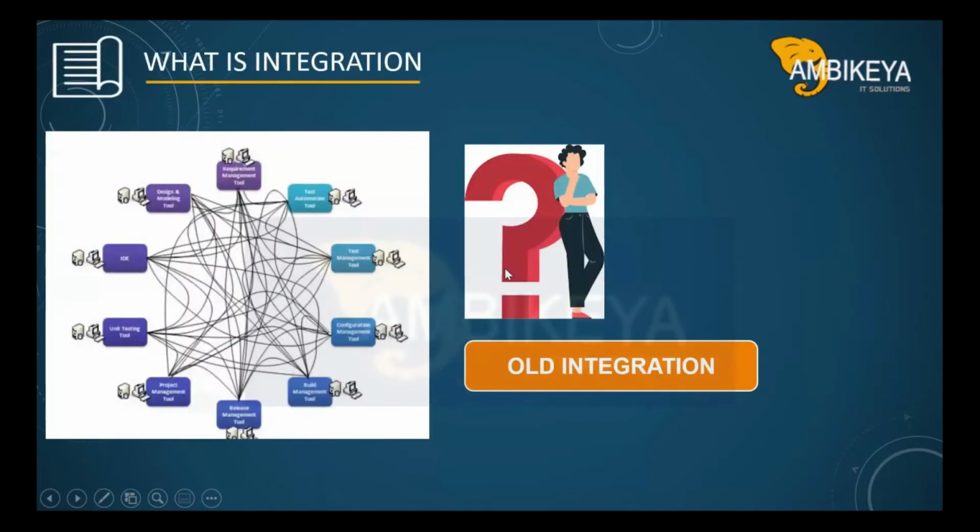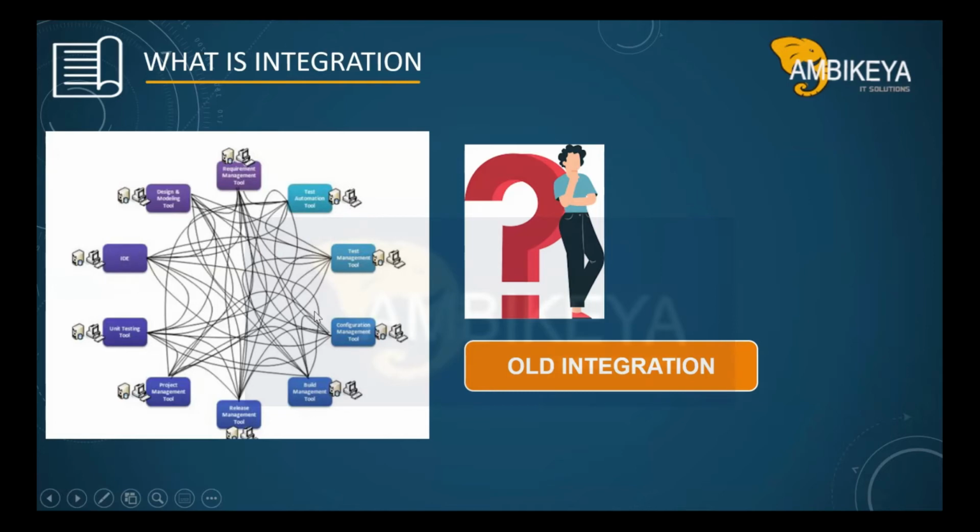Now, what is this integration and why are we going for any middleware? In the initial days, if this particular system wants to connect to this and this, it had to connect one by one, and similarly each of the others individually.